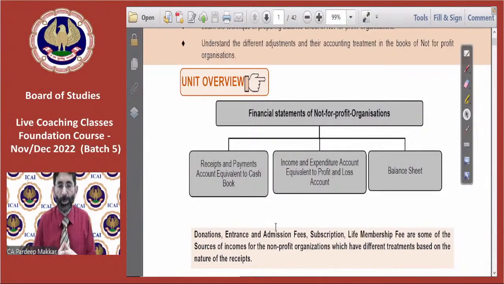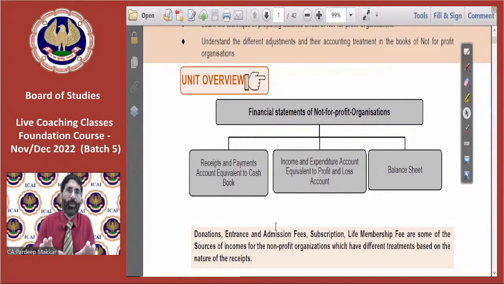Welcome back with a new chapter. The new chapter is very important from examination point of view as well as knowledge point of view. Whenever we are preparing accounts, the major service industry, providing social welfare activities like schools, colleges, clubs, hospitals, or any such organization which is basically working not for profit but for social welfare first.